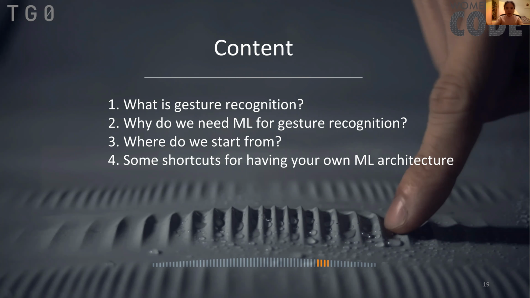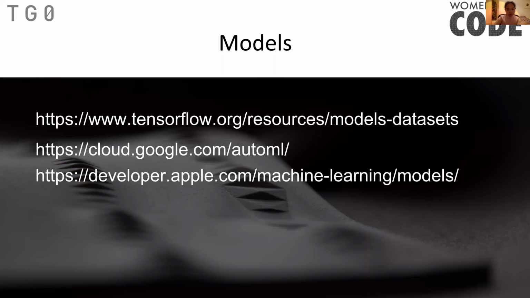Of course, if you want to apply machine learning to your project, and you already have a lot of input data, a lot of training data in hand, and you know what they are, you have them labeled, you have the corresponding output for each input, that'll be quite straightforward to build your own machine learning architecture. There are some shortcuts I would recommend, because you don't even need to design your own machine learning model. There are so many resources online.